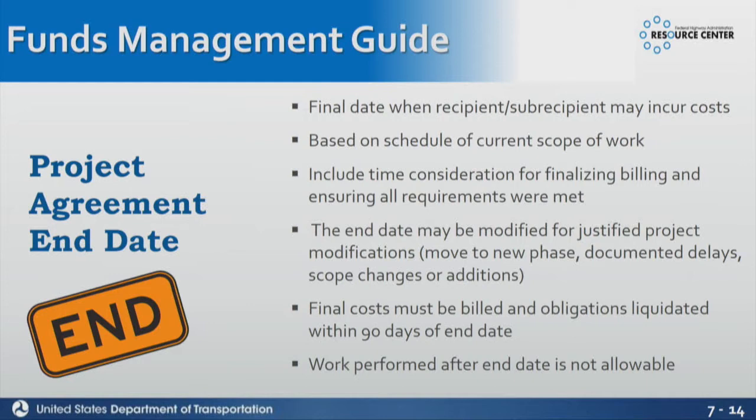You go to the division and say, hey, can we get an extension? On October 15th, if we say, yeah, we'll extend it another year, you'll be able to have a whole other year, but from October 1st to October 15th, any costs incurred are unallowable, and you cannot bill.